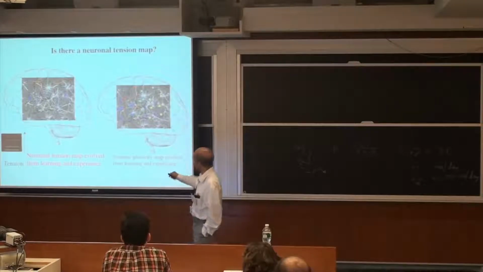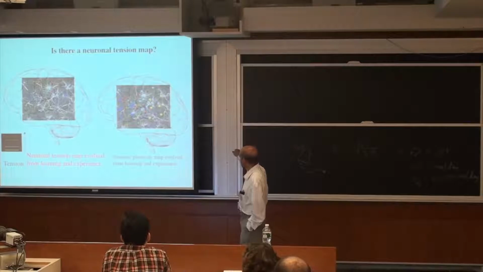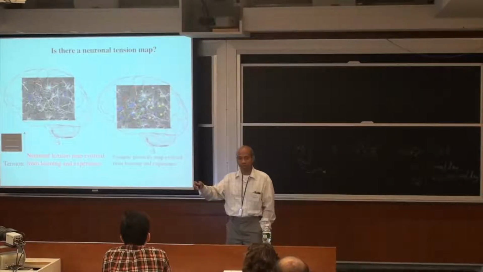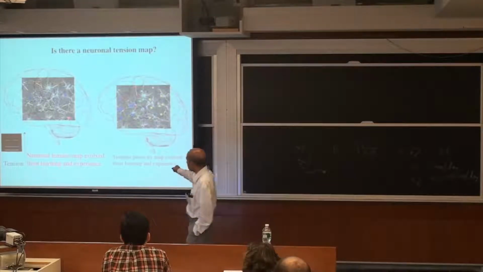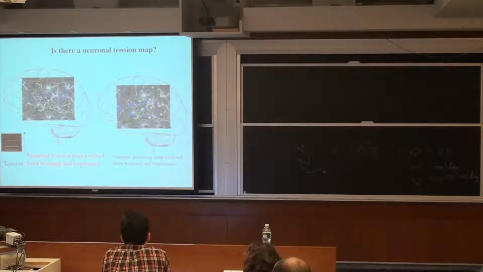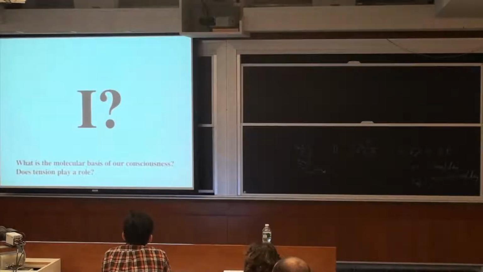And eventually, if we have a tension map, just like sometimes we think of having a synaptic plasticity map, where we look at the number of vesicles clustered at the end. If we had a tension map in the brain where different axons have different tensions based on different experiences we have, could we decipher our essence of individuality?